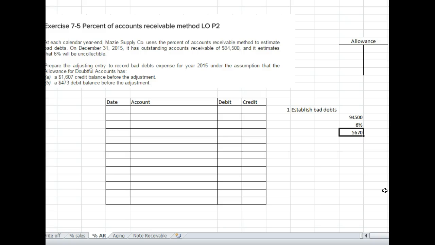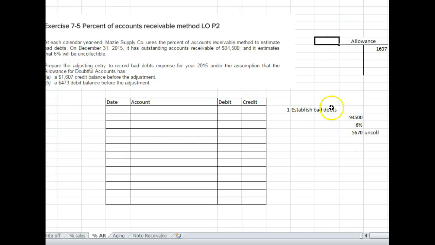This is because you have a balance in the allowance account, and that balance includes some of AR. So some of it's already been taken into consideration. Now they give you a scenario. This is the amount that will not be collectible, so in theory this is your uncollectible. But you already have an amount of 1,607 in the allowance account.